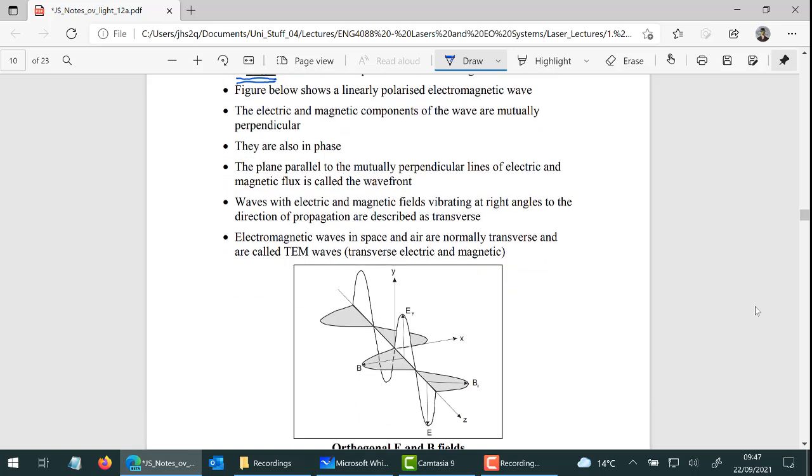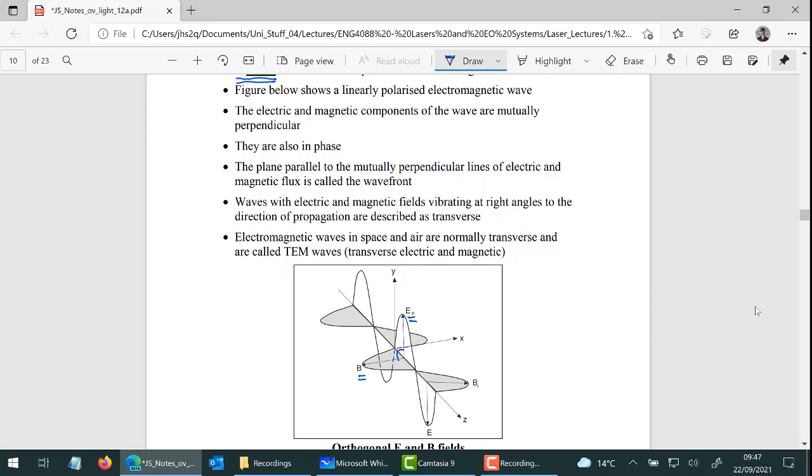So this figure below shows that we've got an electric field E, and in this case it's pointing along the y-axis, it's polarised along the y-axis, and we have a magnetic field B which is polarised along the x-axis. The first thing to notice is that these are perpendicular to each other. They're always perpendicular to each other.